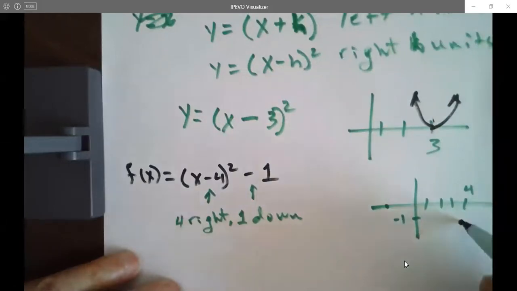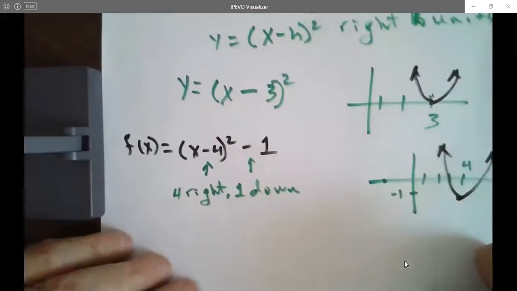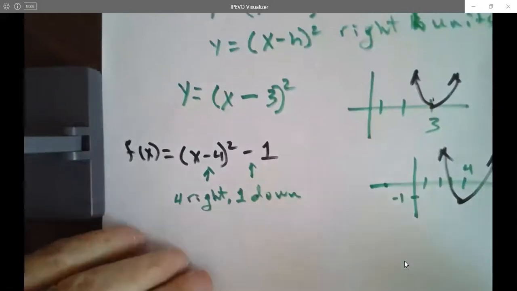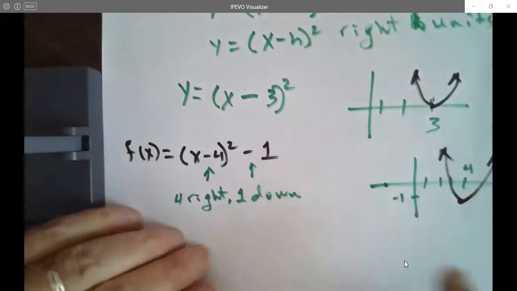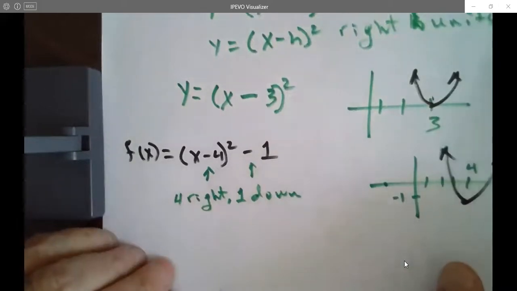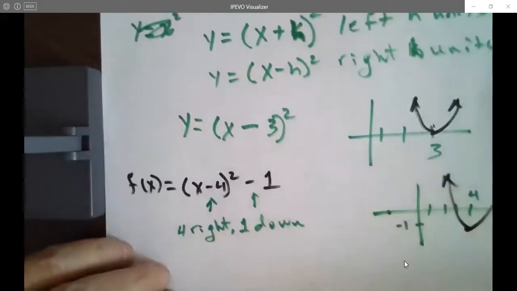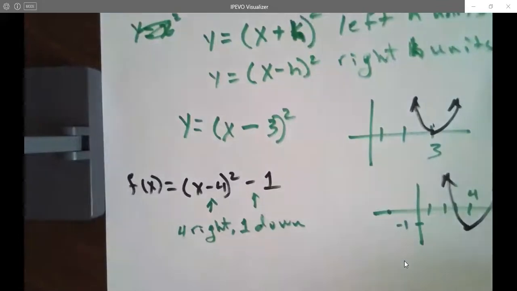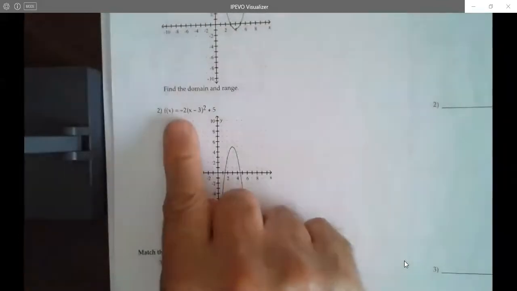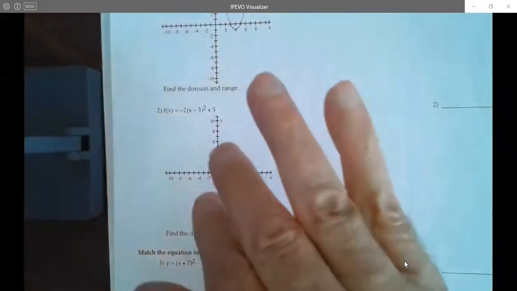And it's going to look like that. So we've used table of values before, but this is transformation, and it's a lot easier and a lot faster to know how to use transformations to graph a function. Now, if there's a minus in front, it's going to flip it.